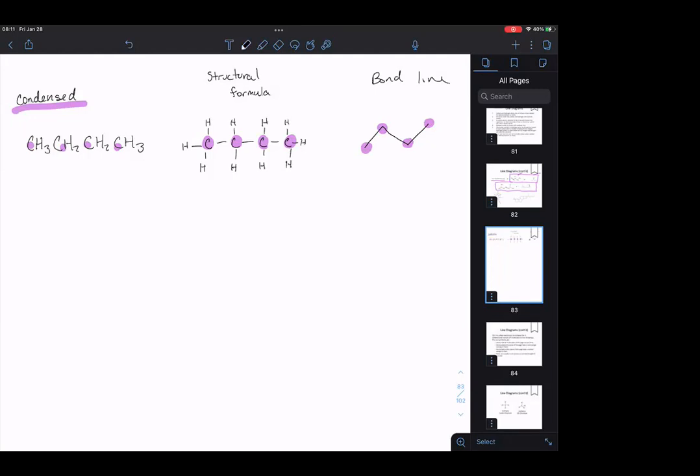For simple alkanes and stuff like that, it's pretty straightforward. Things get a little bit more tricky. So for example, if we had CH3, CH2, compared to CH3CO.